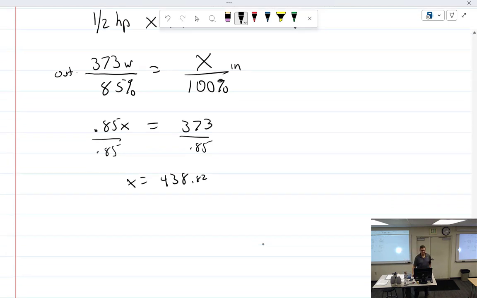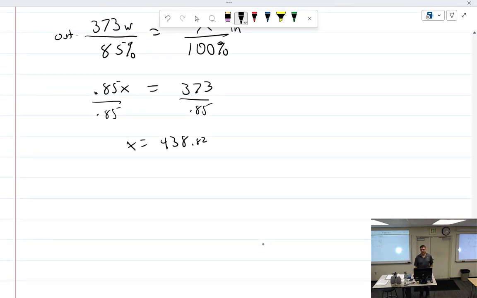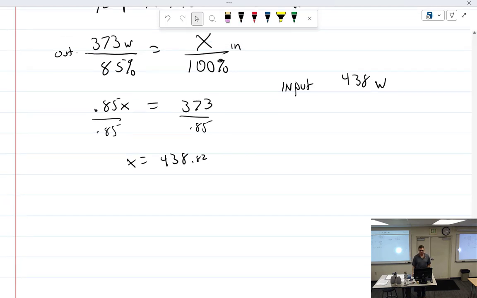That's how many watts we input, but we're looking for current. Let's call it 438 watts input. What was the question? We're looking for current.